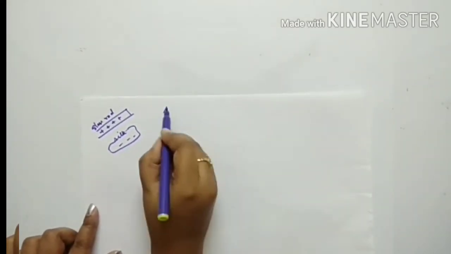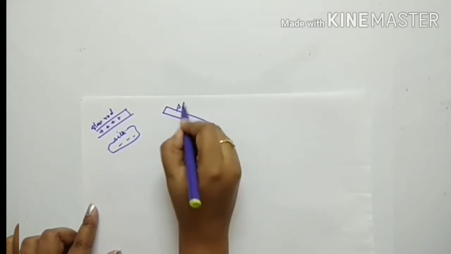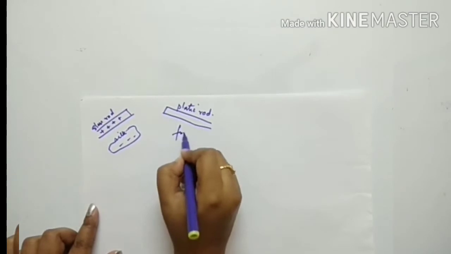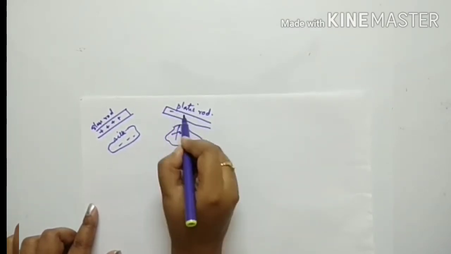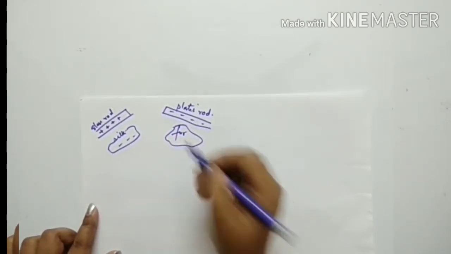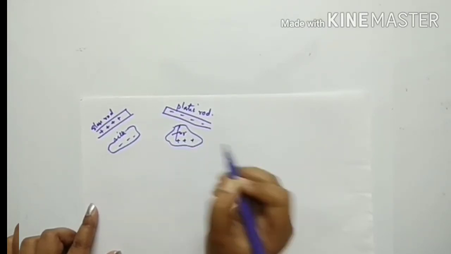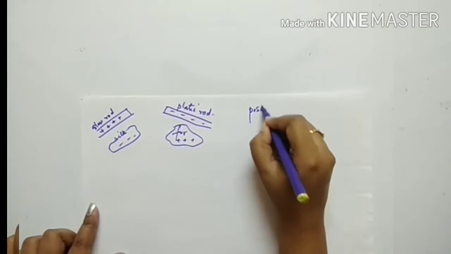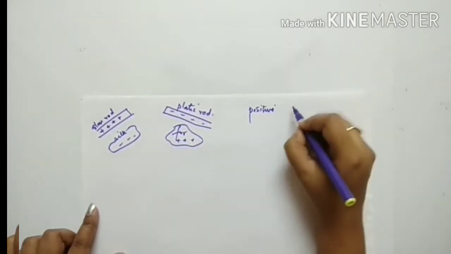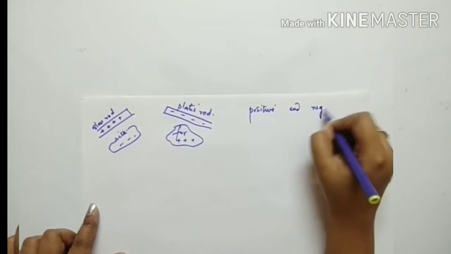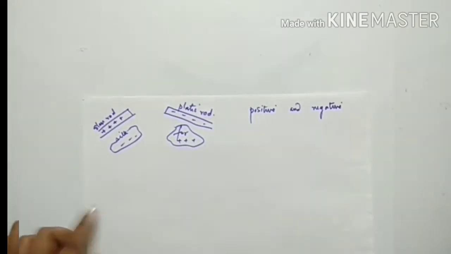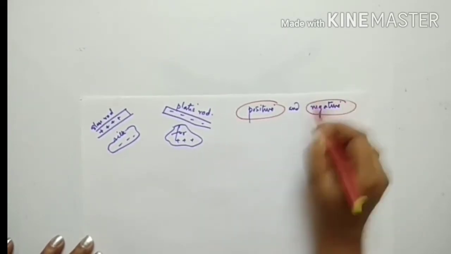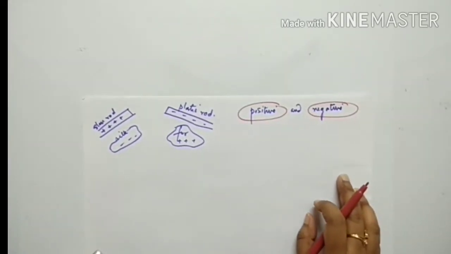In the plastic rod negative charges developed, and in fur positive charges developed. That means the charges were named positive and negative. So now we understood that there are two types of charges, namely positive and negative.